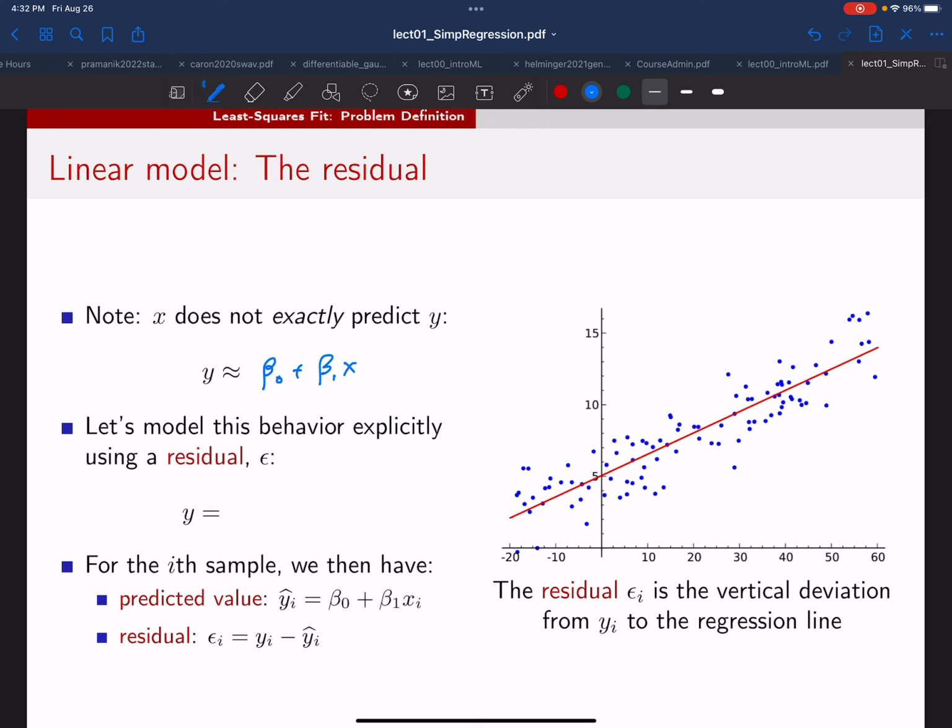Let's rewrite this as an equality, but with one other variable that tells us what the error is, the difference between the model and the actual data, or the truth in this case. So we're going to write this as beta 0 plus beta 1x plus epsilon. So epsilon we're going to call the residual, and when we have this residual, now we have an equality down here.